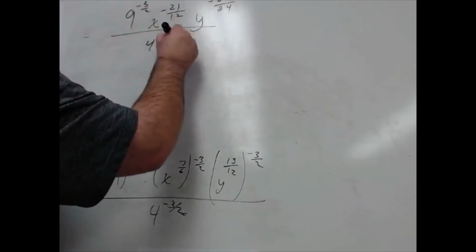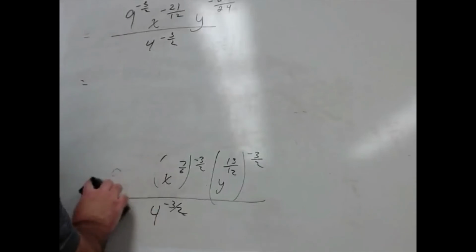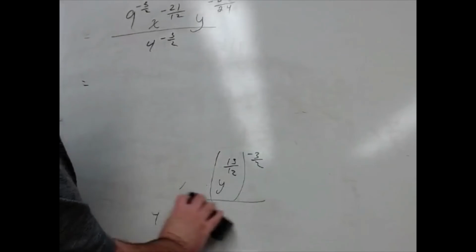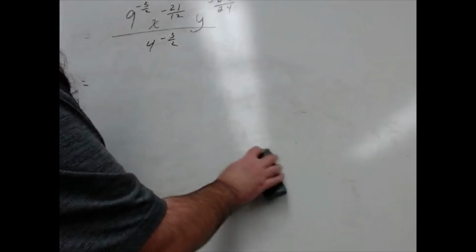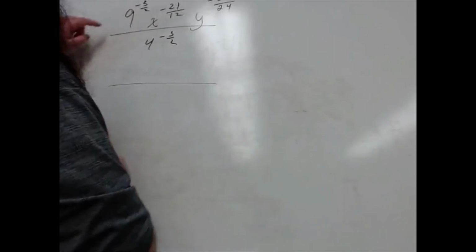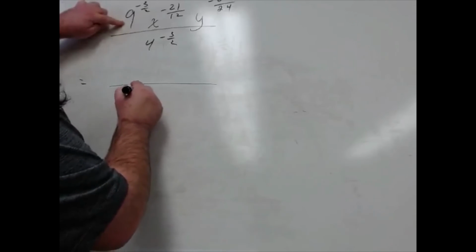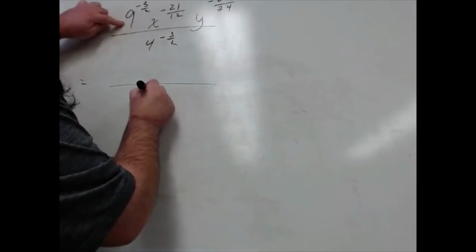Now, let's deal with our negative exponents, because we've got a lot of them. So remember, when you have negative exponents, you just change the position. So this term is in the numerator with a negative exponent. So what's going to happen to it is it's going to go down into the denominator. So this is going to have a 9 to the now a positive 3/2.